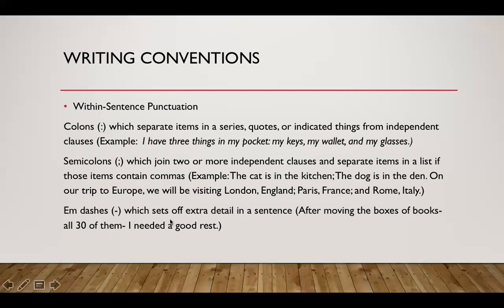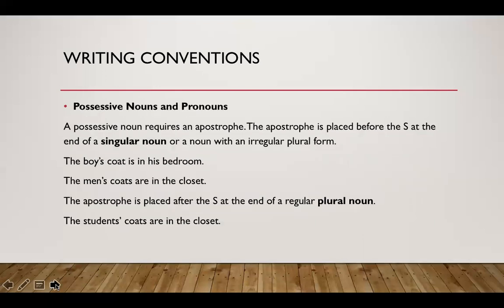Not all authors use this. Sometimes they use parentheses instead of the dash, but they work essentially in the same way. So after moving the boxes of books, all 30 of them, I needed a good rest. So all 30 of them is where they're placing the emphasis, and they're using the em dash to draw attention to that emphasis point.